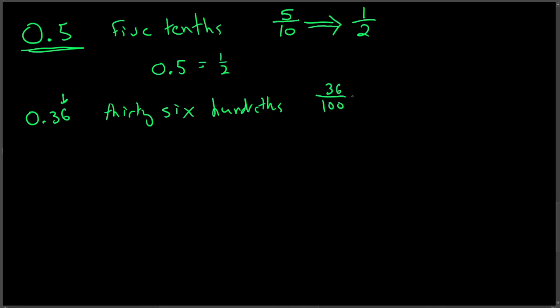Now, in simplified form, these are both divisible by 4, right? 4 times 9 upstairs here, and 4 times 25 downstairs here. And so if I get rid of these, I get 9 25ths. So decimals relate to fractions.